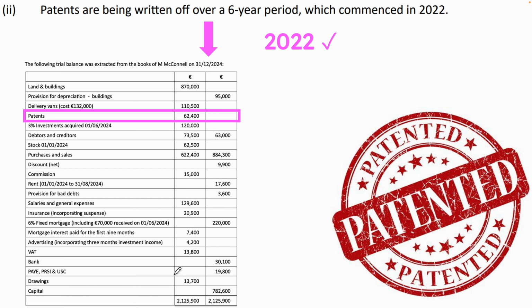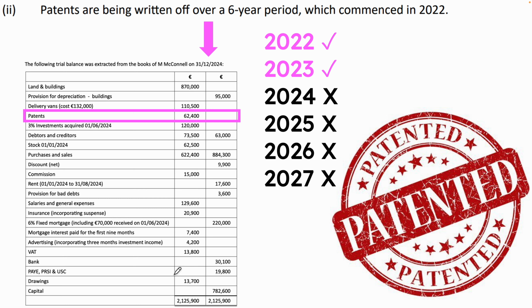So 2022, it's been written off. 2023 has been written off. But now we're doing it for 2024, so it hasn't been written off for any more of those 6 years. So we've got 4 years left to write off. So the patent that you see here, the 62,400, represents 4 years of patents left.